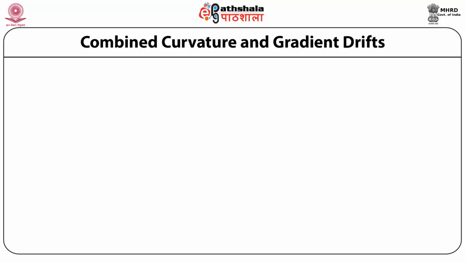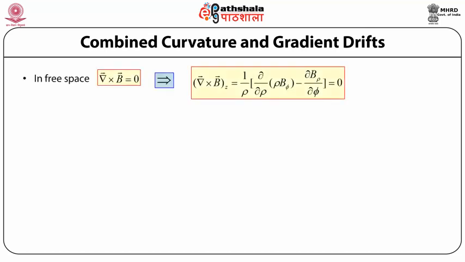Combined curvature and gradient drifts. Consider the gradient drift that accompanies a curvature drift in cylindrical geometry. The magnetic induction is B equals B phi phi cap equals B naught phi cap, and in free space del cross B equals 0.